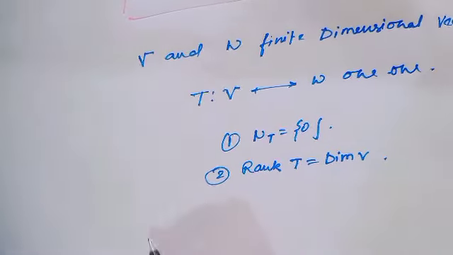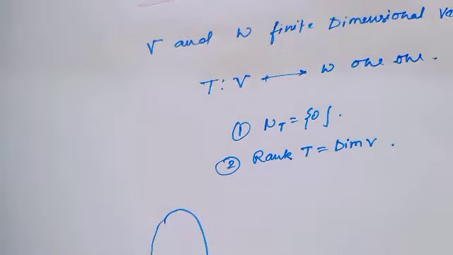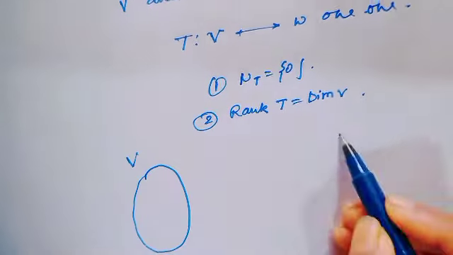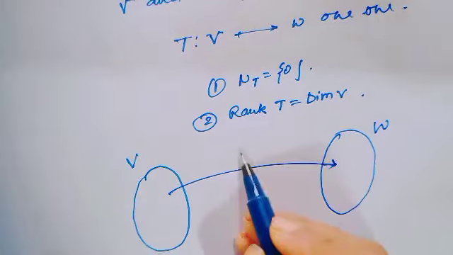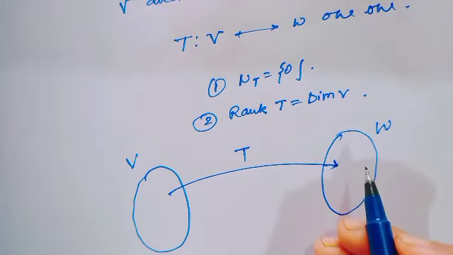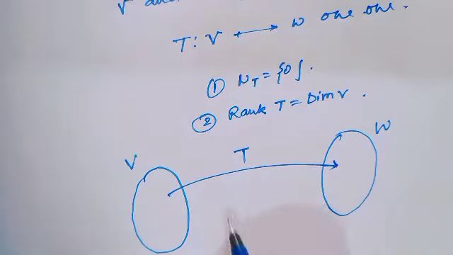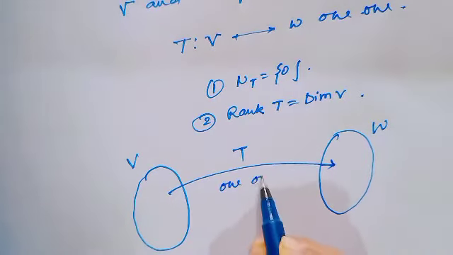Okay. The picture is of this type. Consider this is V and this is W. And there exists a linear transformation T from V to W. Here, consider the transformation to be 1-1.